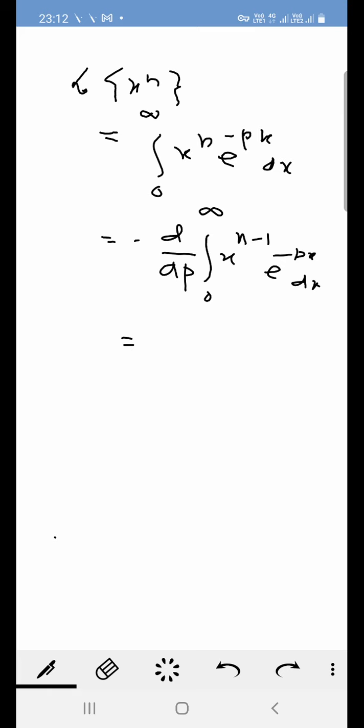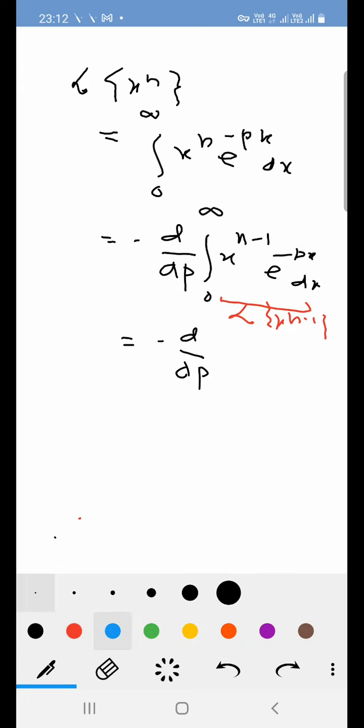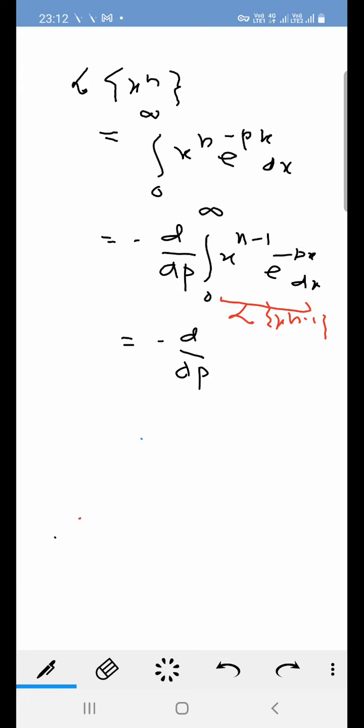And this is nothing but minus d by dp of the Laplace transform of x to the power n minus 1.